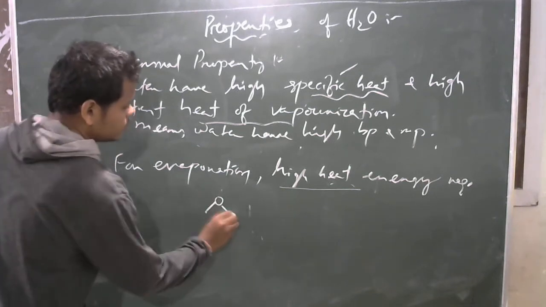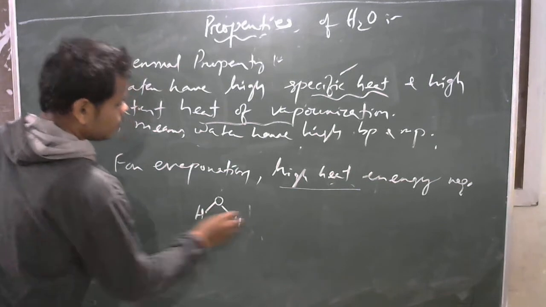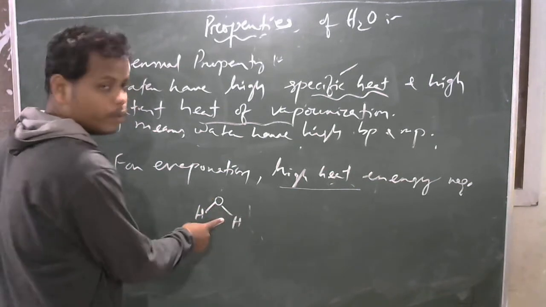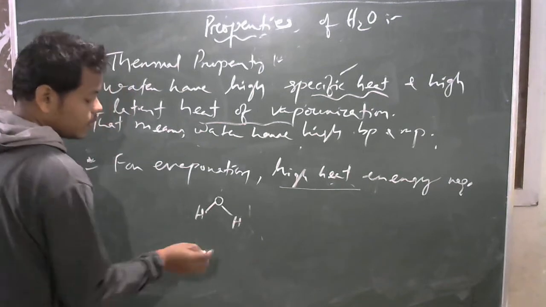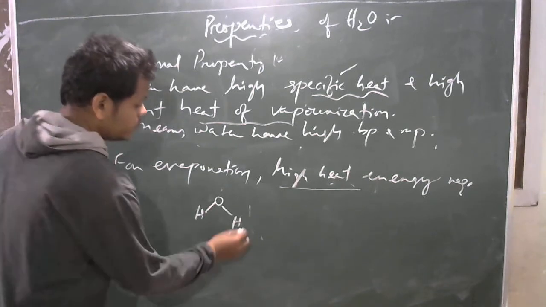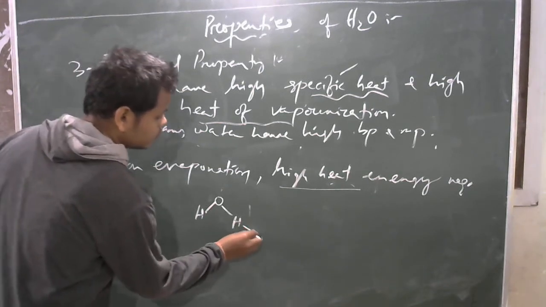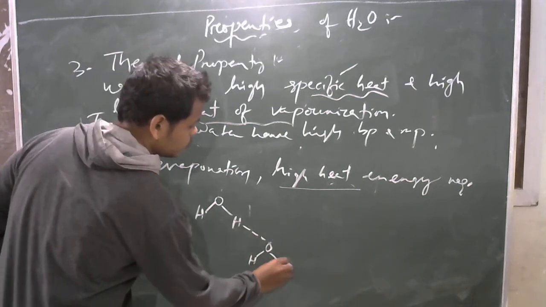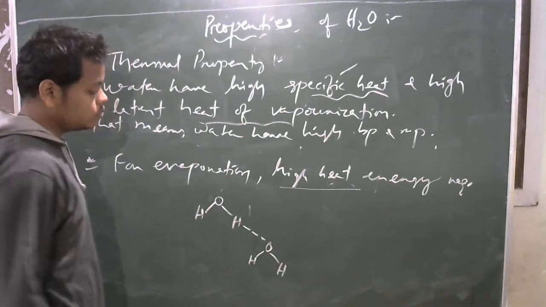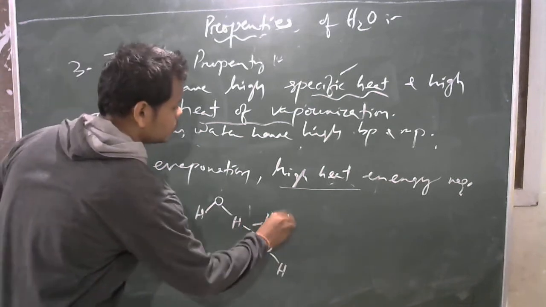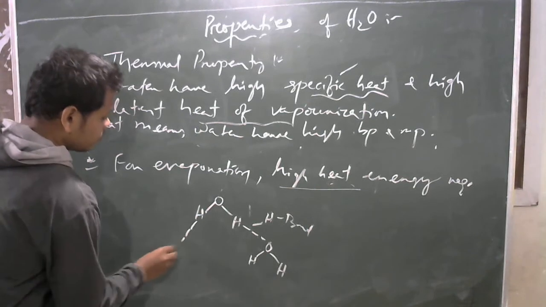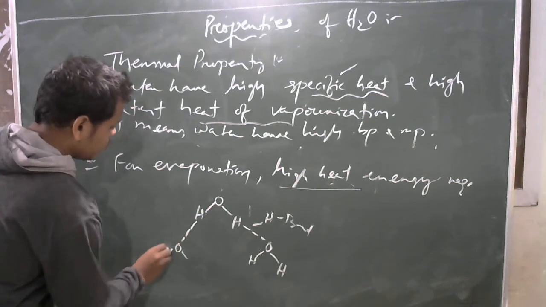Okay, this is the water molecule. The oxygen atom is bonded to hydrogen atoms by two covalent bonds. But as I said in the previous video, what is a hydrogen bond? This hydrogen atom is bonded with the oxygen atom of another water molecule by a hydrogen bond. Similarly, this hydrogen atom is also bonded to another water molecule by a hydrogen bond.